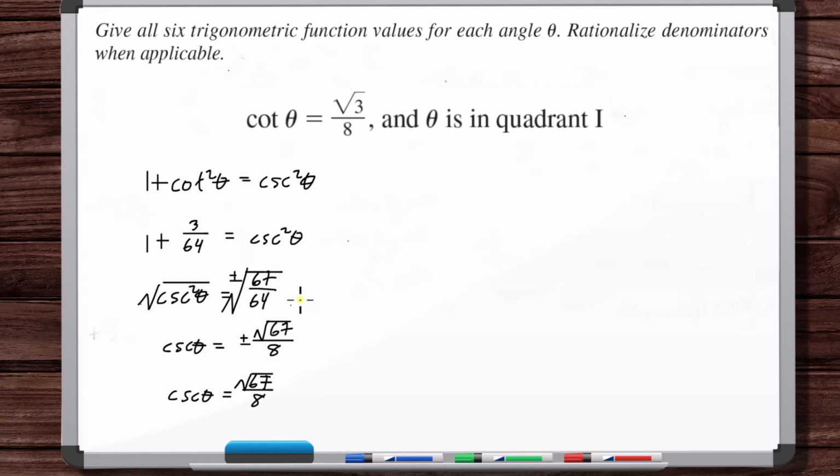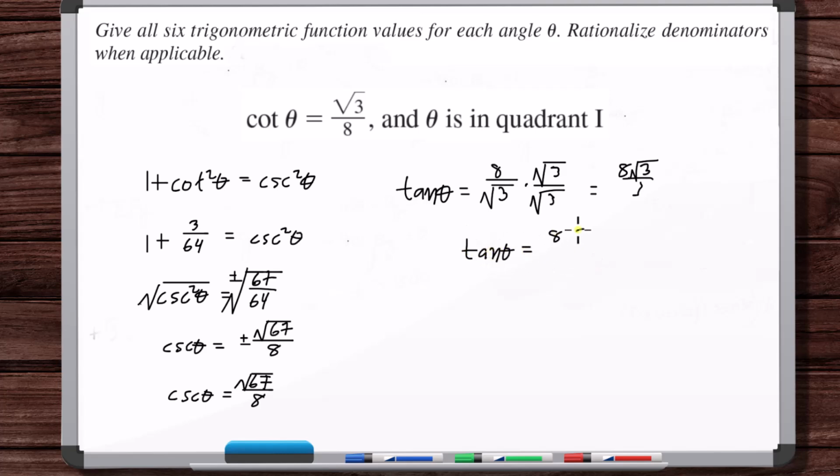Okay, so what we could have just said, we see that tangent theta is going to be 8 over root 3. We need to rationalize that. 8 root 3 over 3, so okay, cosecant, that means sine of theta is equal to 8 over root 67.